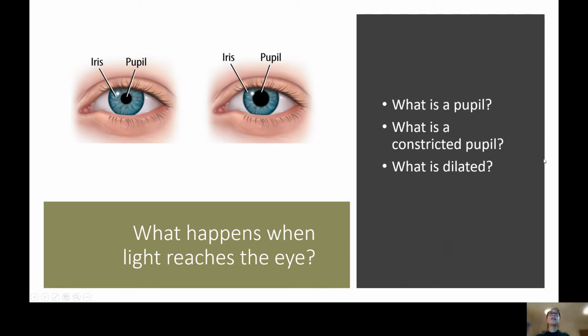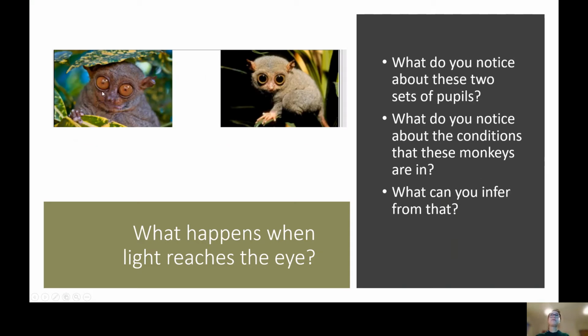What do you notice about these 2 sets of pupils in this monkey? Well, you'll probably notice that the pupils in this monkey are smaller, they're constricted, and they are dilated in this monkey here. Next question, what do you notice about the conditions that these monkeys are in?